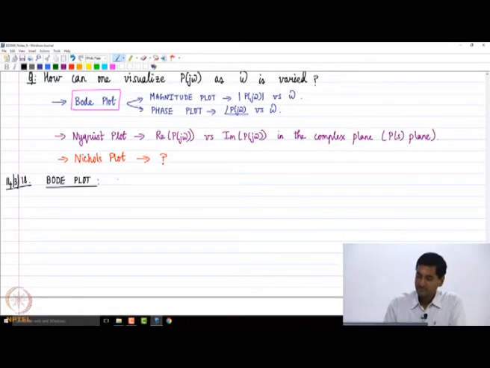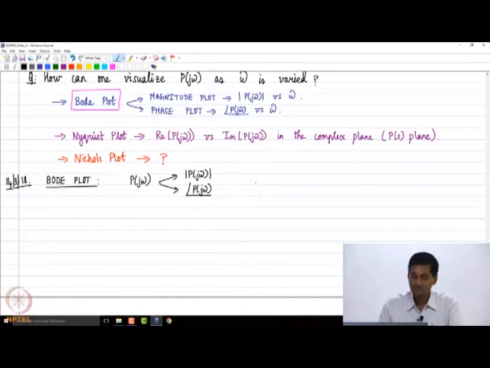So what is this Bode plot? We know that P of j omega has two components: one is the magnitude and another is the phase of P of j omega.